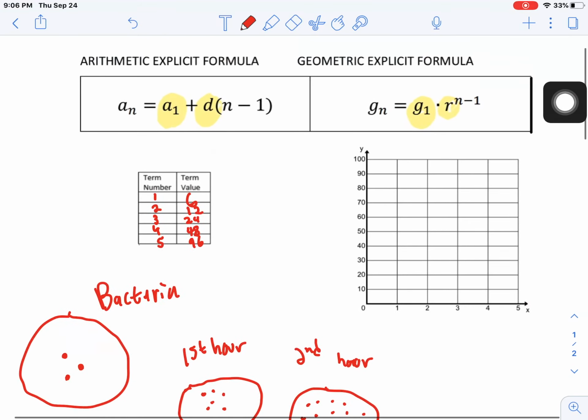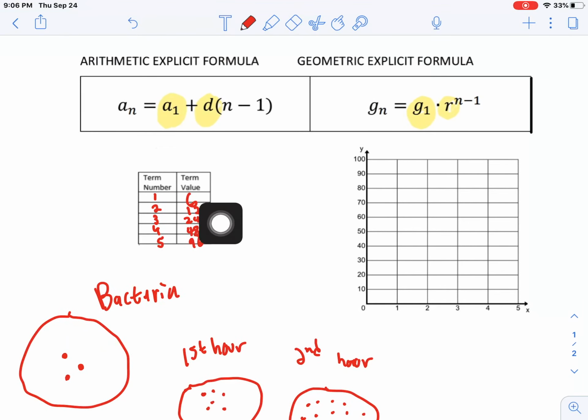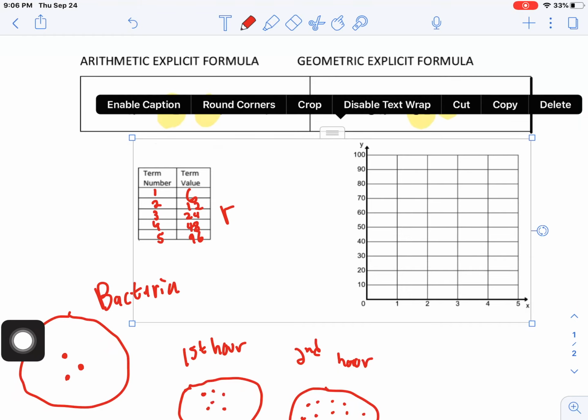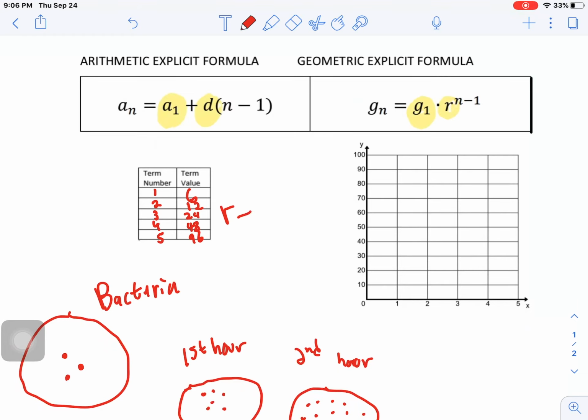So if I asked you to write the formula for this sequence, for this table, remember we have a geometric sequence, so we have to plug in the first term, which we said was 6, and the common ratio, which we found to be 2, because the pattern was just multiplying by 2.